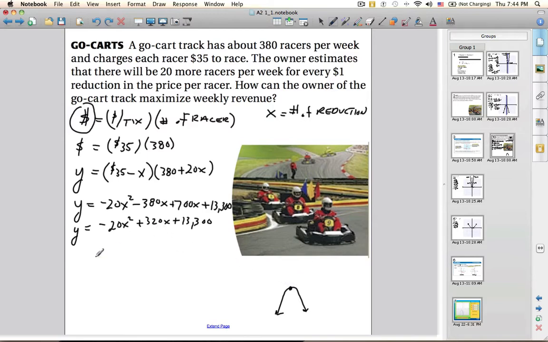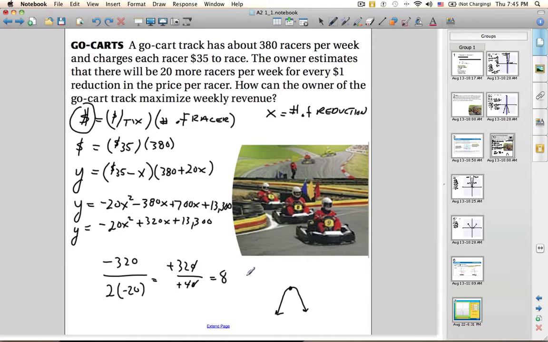If I take the opposite of B, so the opposite of 320, divided by 2 times A, 2 times negative 20, this is going to be negative 320 over negative 40. If I cancel out a power of 10, then I have negative 32 divided by negative 4. Negative divided by negative becomes positive. 32 divided by 4 is 8.